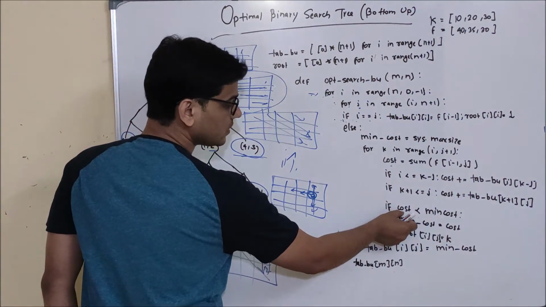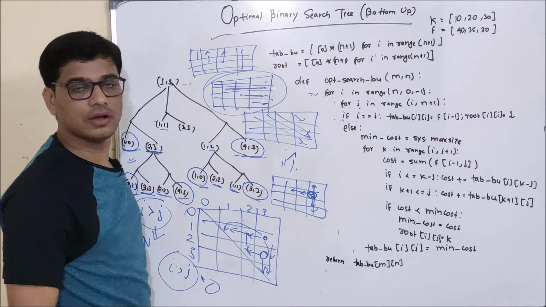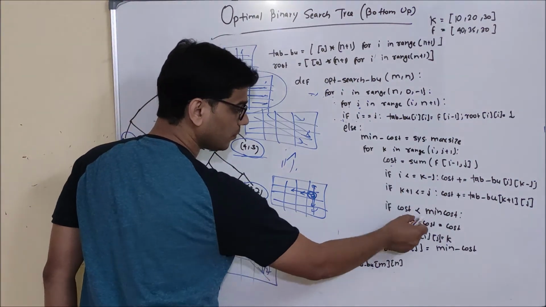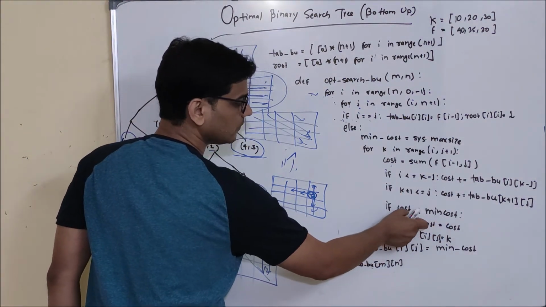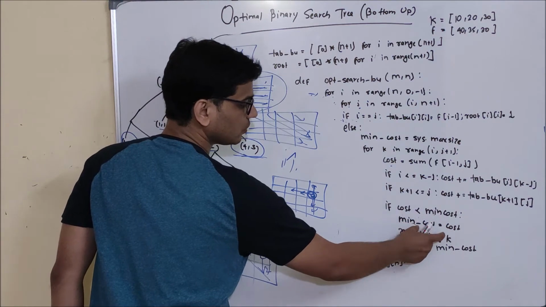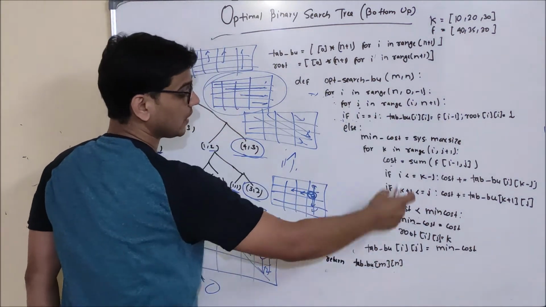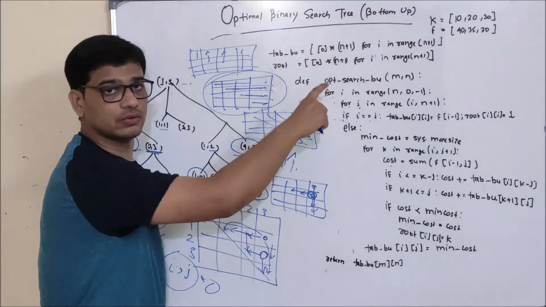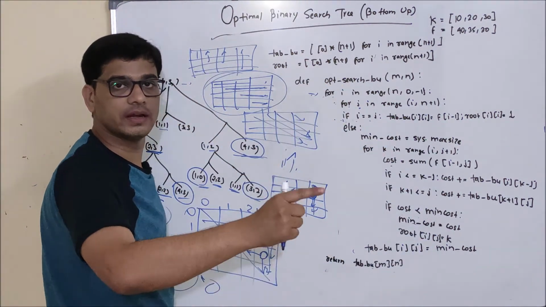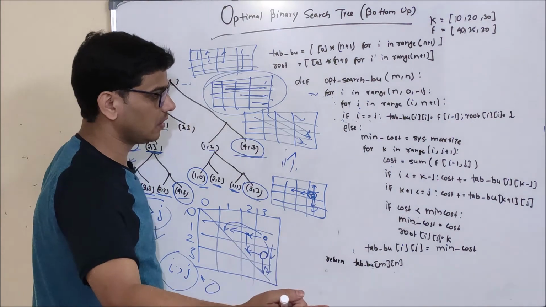And once I have cost, then I will compare cost with min cost, and if cost is smaller, then in min cost I will update cost, and then in root table I will update that this one is a root for the time being. I can update it for further also.